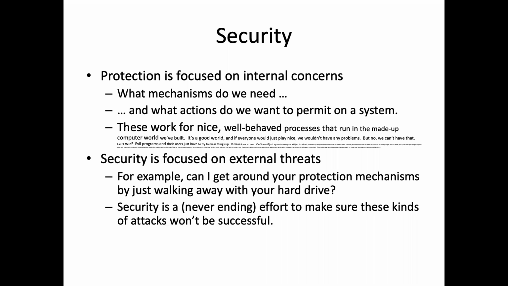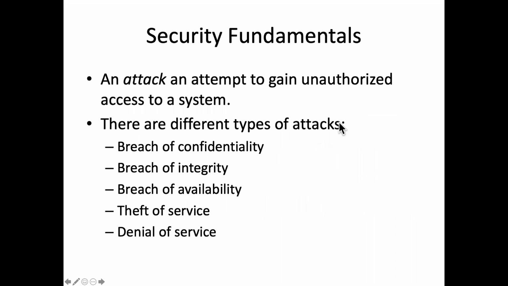There's always going to be new ways people could try to attack a system. There might always be new ways that they could uncover information that you didn't plan or you didn't want them to be able to uncover. When we're talking about security, we normally think about what ways people could gain unauthorized access to a system.